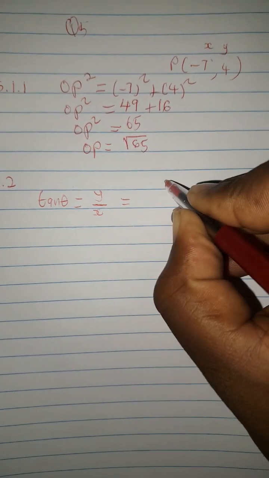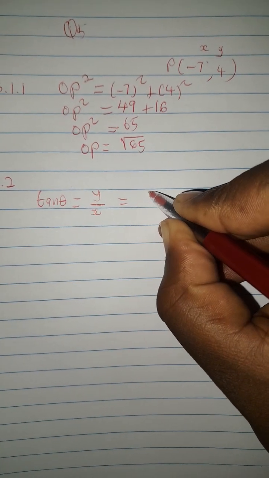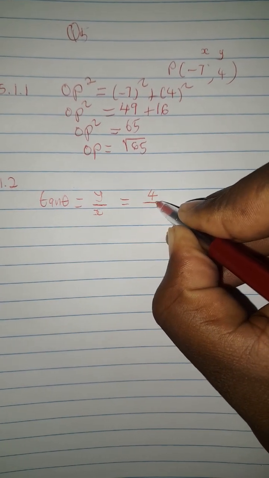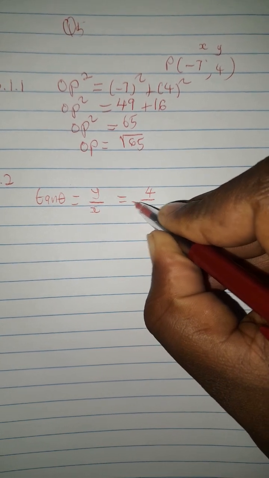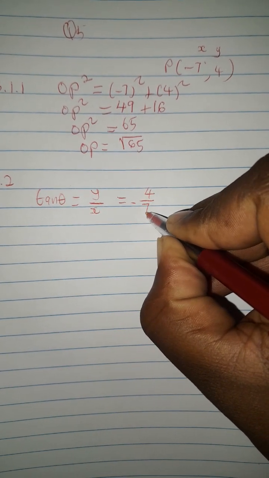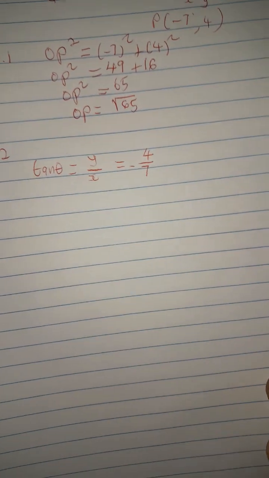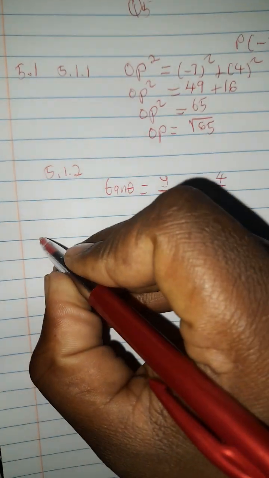What is your y? Your y is 4. What is your x? Your x is negative 7. So you're going to have negative 4 over 7 in this case. One mark for saying that.